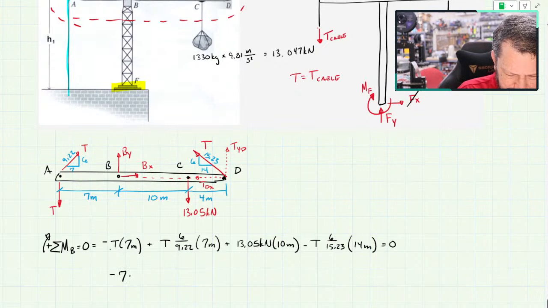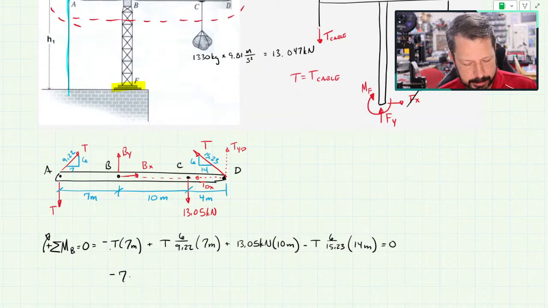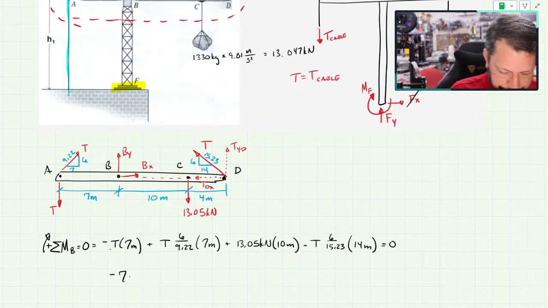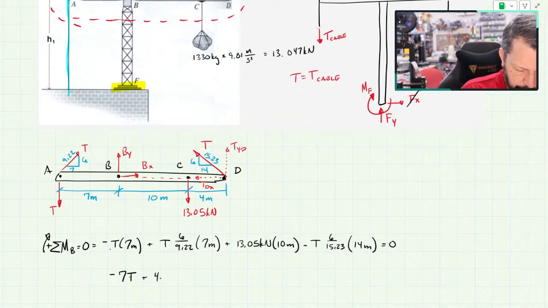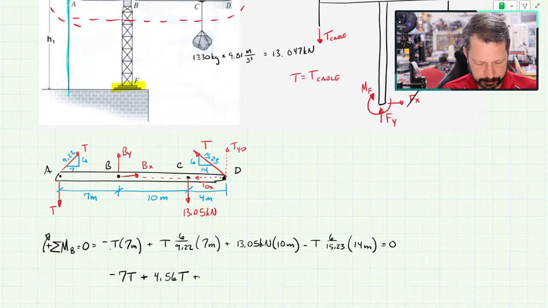I'm going to leave the meters out and the kilonewtons out, since everything's in meters and kilonewtons. So I'm going to leave that out for now. So minus 7T plus, let's see what this number is. 6 times 7 divided by 9.22 is 4.56T, plus 13.05 times 10, well, I guess that's 130.5.